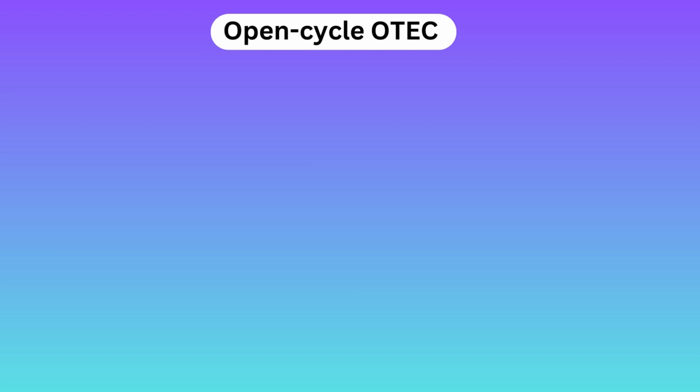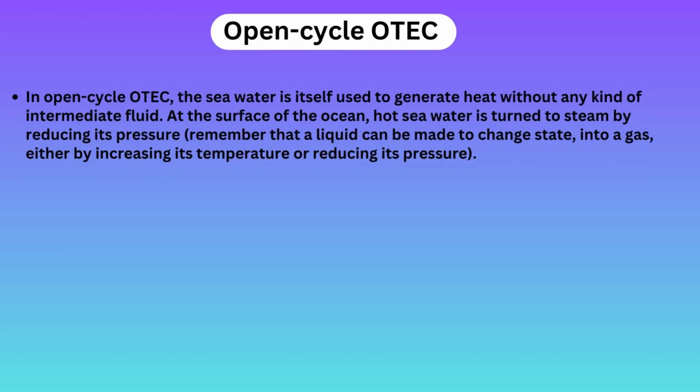Now the open cycle ocean thermal energy conversion system. In the open cycle system, the sea water is itself used to generate heat without any kind of intermediate fluid. At the surface of the ocean, hot sea water is turned to steam by reducing its pressure.